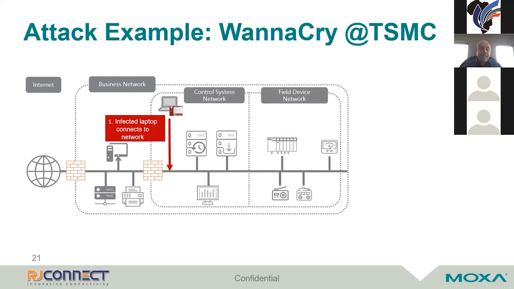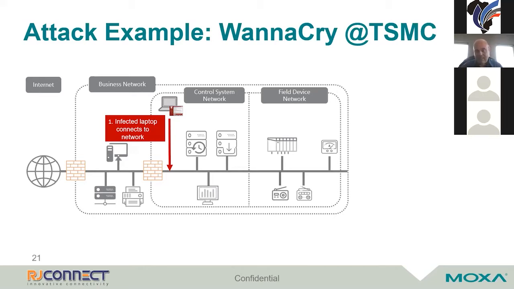What happened there, they had an infected laptop come onto the network. Somebody going to work on the control network, which meant they bypassed both firewalls. Goodbye. No firewall helped them at all. What amazes me today still, at a large install base, our large companies, is that they still allow third-party laptops to join their network without being vetted first.